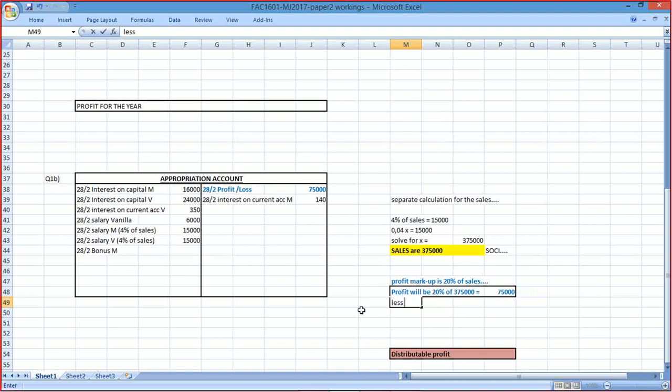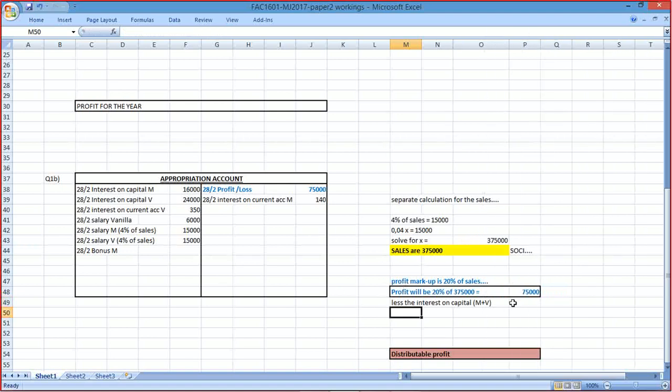What must I take out of this profit? Well, I need to less the interest on capital, M plus V. Interest on capital you had earlier. Let's add the two.